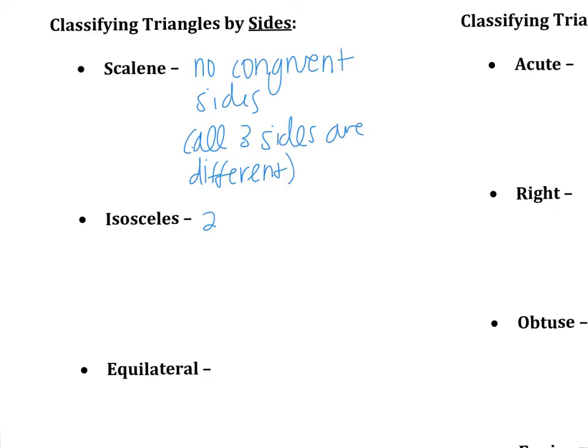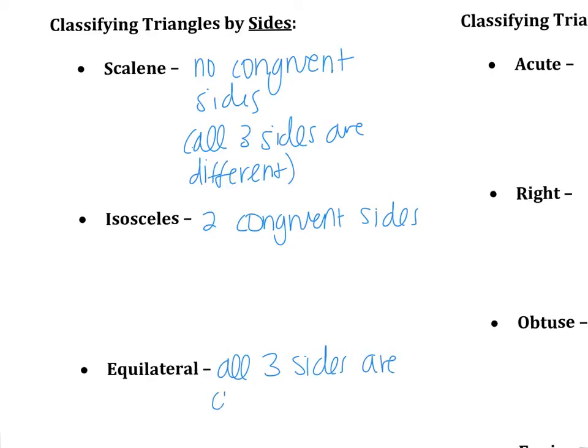An isosceles triangle has two congruent sides, and then an equilateral has all three sides congruent. Okay, so any time that you are asked to classify a triangle by sides, one of these terms will apply.